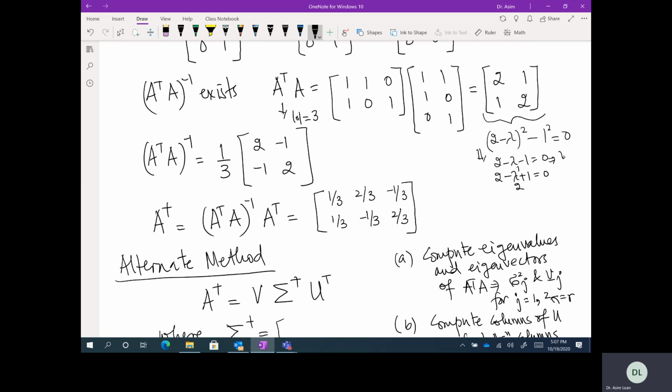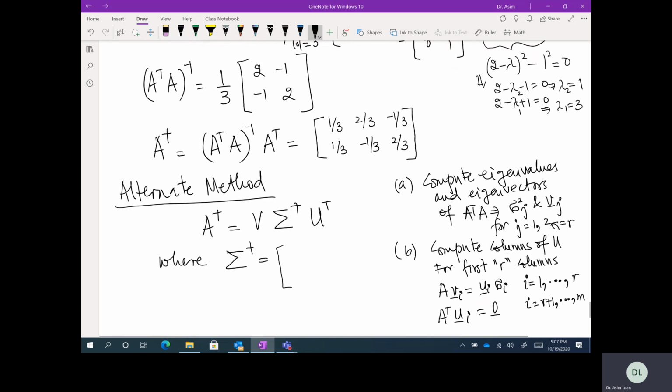Sorry, this is lambda 1, this is lambda 2. So this implies lambda 2 equals 1, and this implies lambda 1 equals 3.